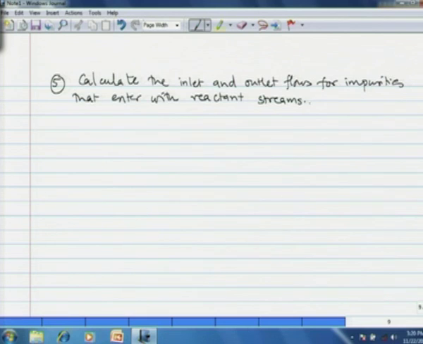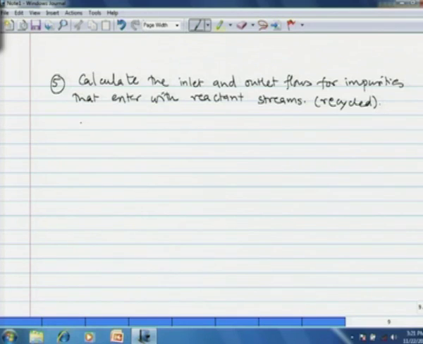Basically the recycled reactants, which we calculate in step 4. Now, this is a very general approach for material balance calculations, which could be applicable to any process.